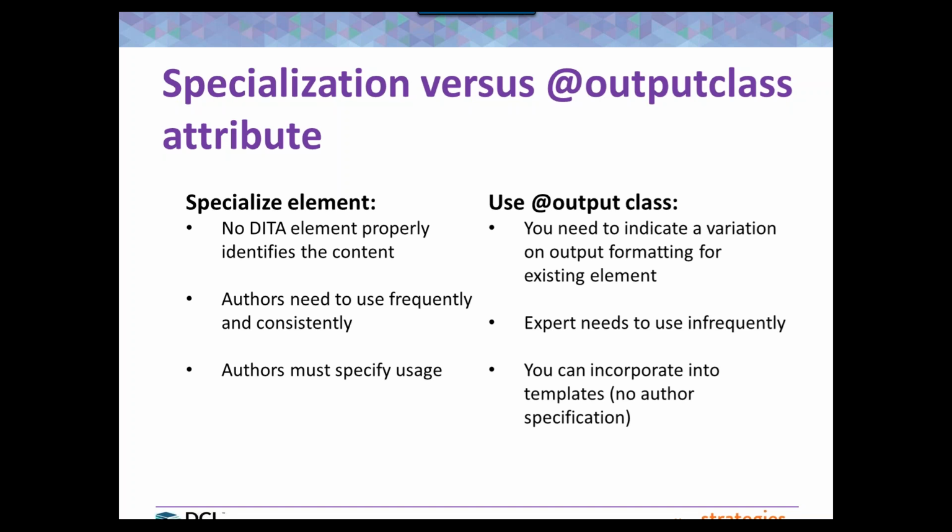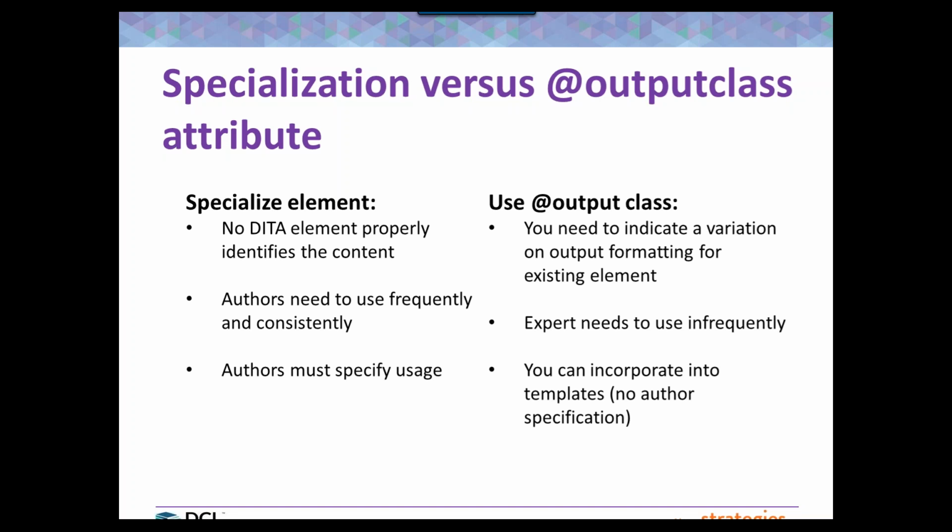If it's something that authors also have to do frequently, as opposed to, oh, we have 2 instances of this in 1 million topics, well, no, you're not going to specialize for that. But if you have it in every topic and authors have to use this construct every day, well, if you're asking them to use output class, then you either have to do some accommodation in your UI, or you're at really high risk of folks not typing in the output class correctly.